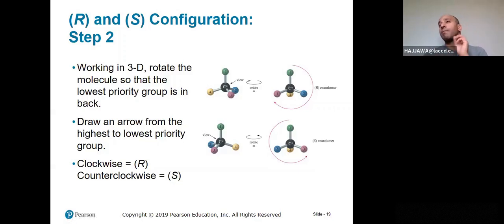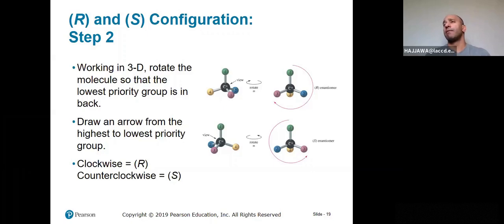So there are two main important configurations that you need to keep in mind when it comes to the Cahn-Ingold-Prelog convention, R and S. R is when you have a priority 1, 2, 3, 4 clockwise, fourth group pointing away. S is when you have 1, 2, 3, 4 counterclockwise, fourth group pointing away from us. I don't want to complicate it now, but let me just mention the other two scenarios, and we will see examples later.